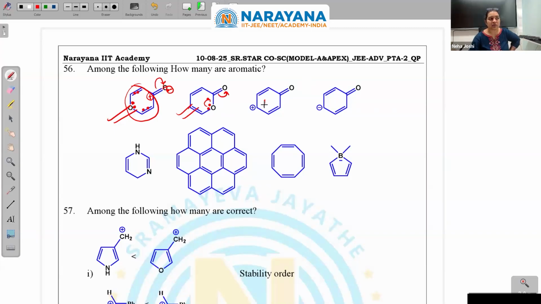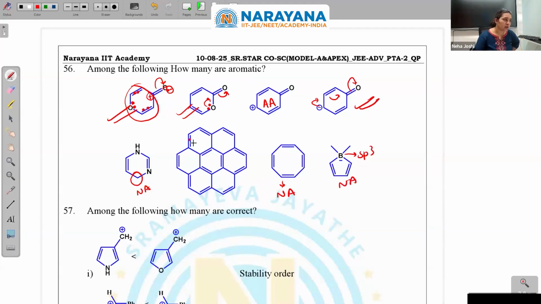But this is anti-aromatic. Okay. This is aromatic. This is non-aromatic as there is an sp3 carbon. This is non-planar and non-aromatic, and here minus, this minus is sp3, so non-aromatic.